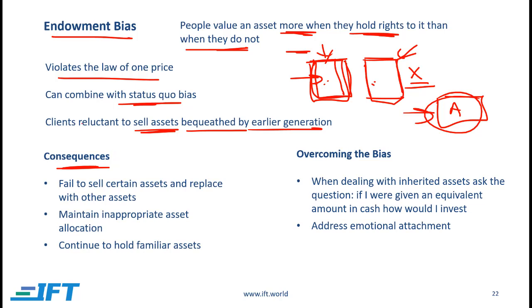So what are the consequences? We've already addressed some of these consequences. One consequence is to fail to sell certain assets and replace with other assets. So this is assets where there is an emotional attachment. And then because of this, we might maintain an inappropriate asset allocation. So the assets that we've just held on to because of an emotional attachment, these might not make sense for us because of our current risk profile or because of our current circumstances.